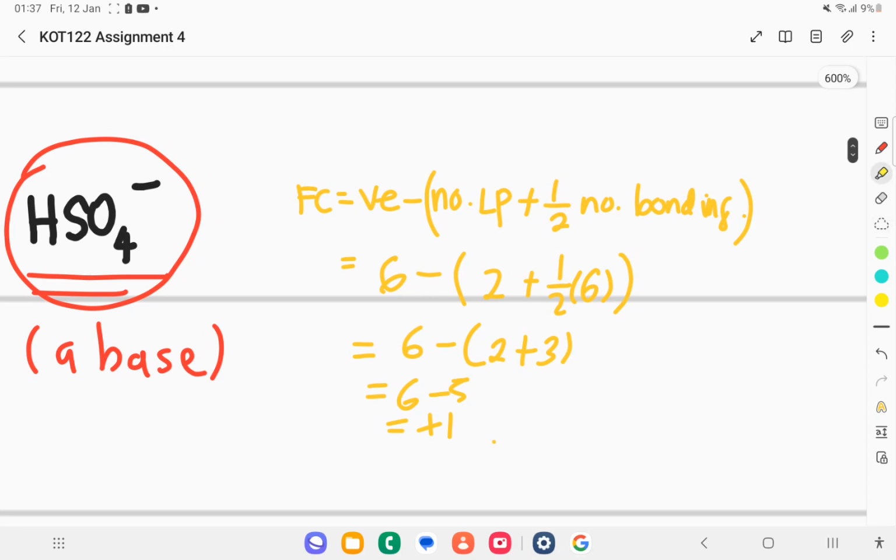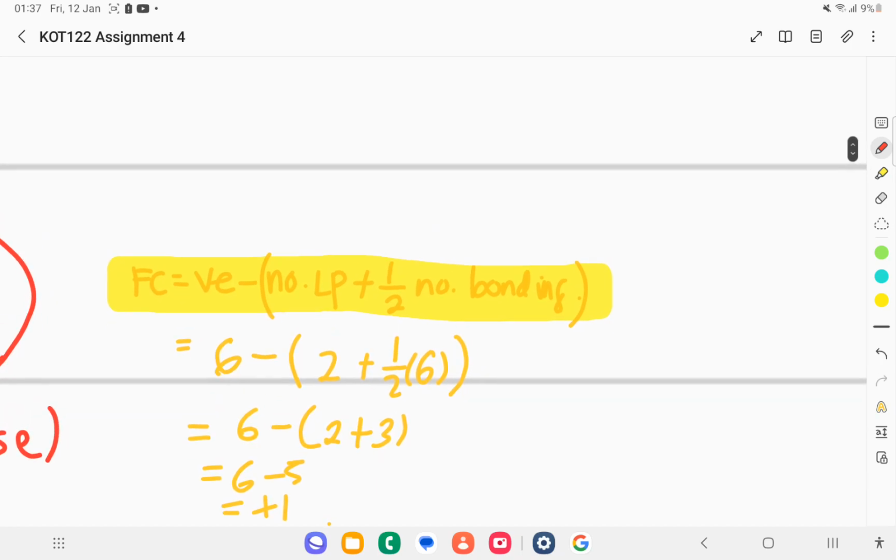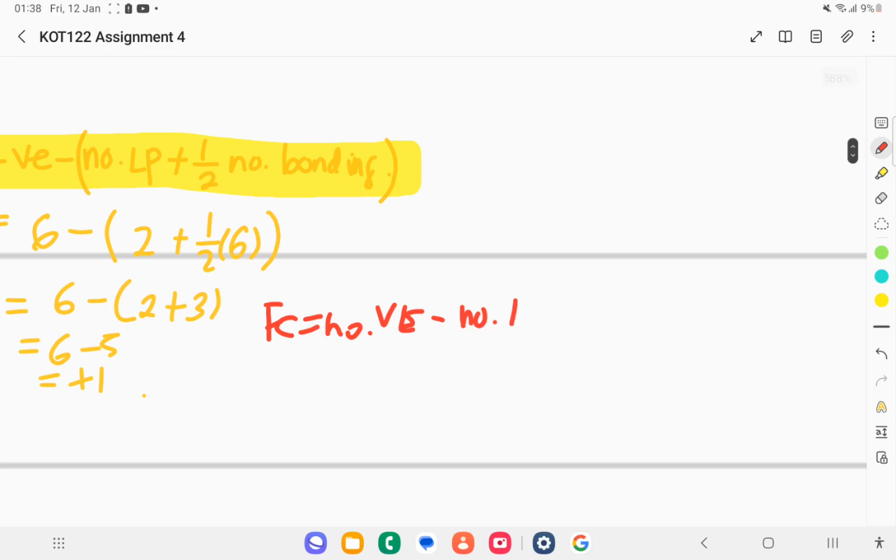The formula of formal charge is number of valence electrons minus number of lone pairs plus half times number of bonding electrons, or you can simplify this formula as formal charge equals number of valence electrons minus number of lone pairs minus number of bonds, assuming that two electrons in a bond count as one bond.